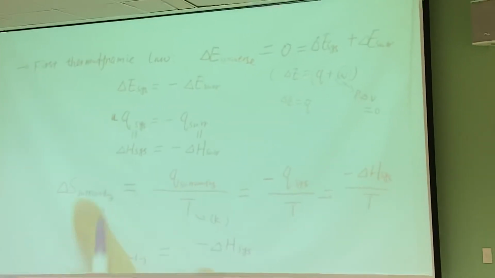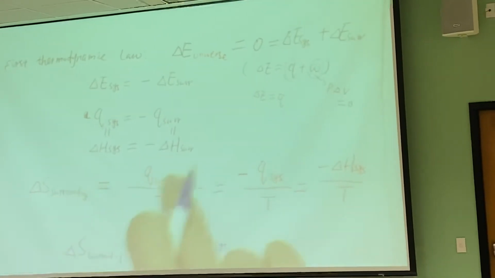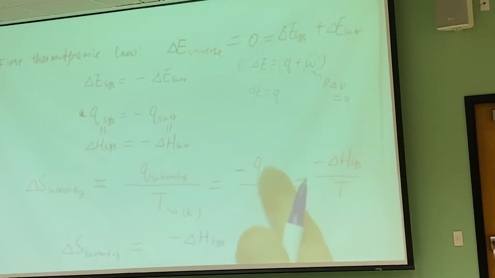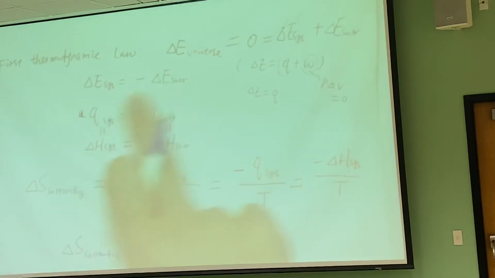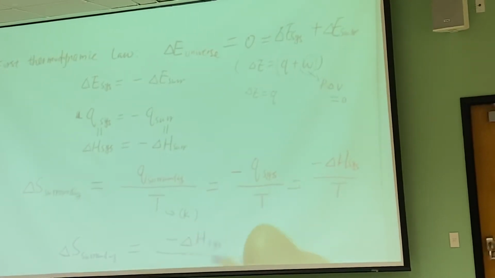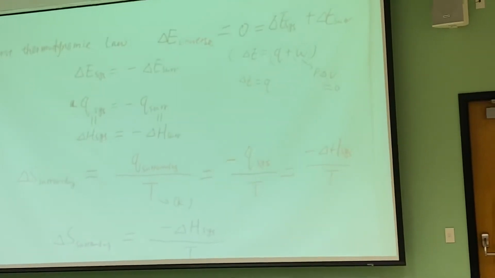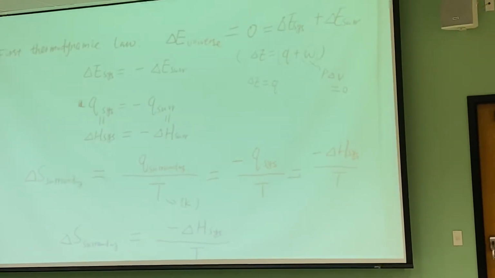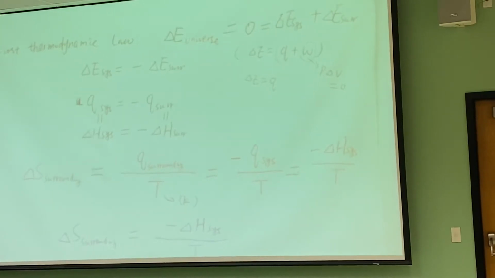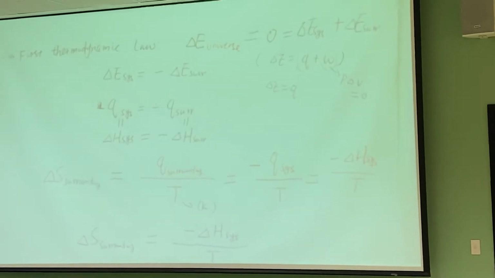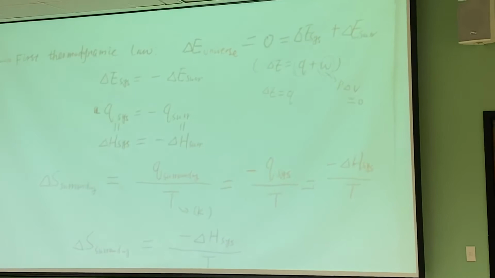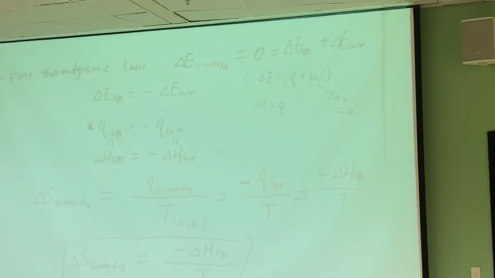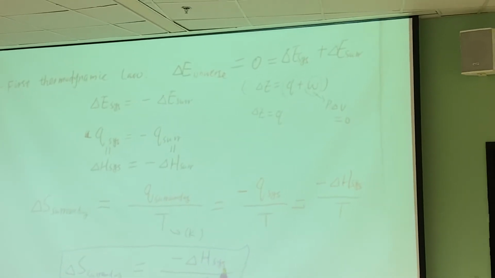For surrounding and system, if both are positive, it's the same sign, but when you convert surrounding to system, you have to use the negative sign. That is an equation we use a lot.